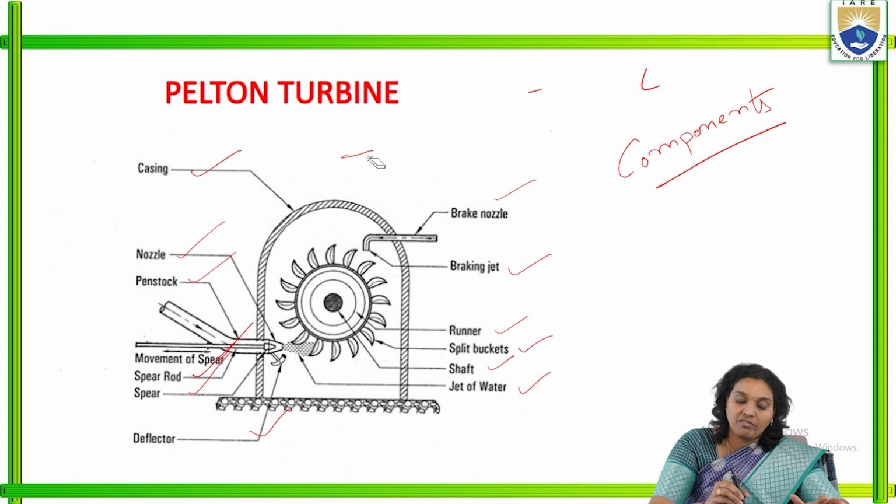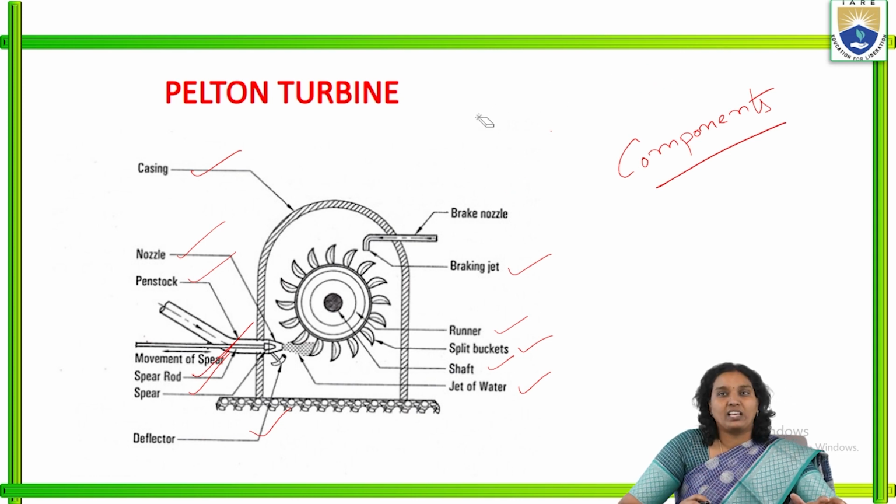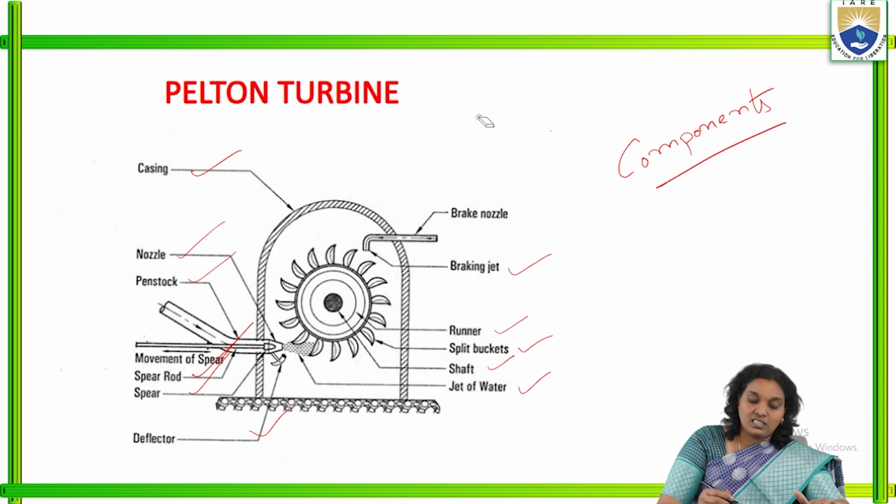Coming to this Pelton wheel or Pelton turbine, these are the components we have. This is the shaft, and it is going to rotate. These are the splits of the buckets, and these are the number of buckets present in this turbine.